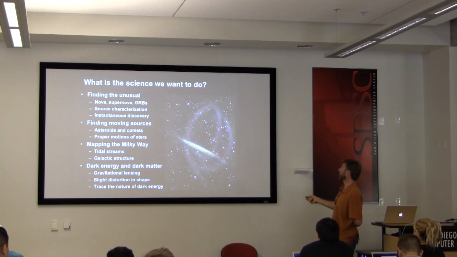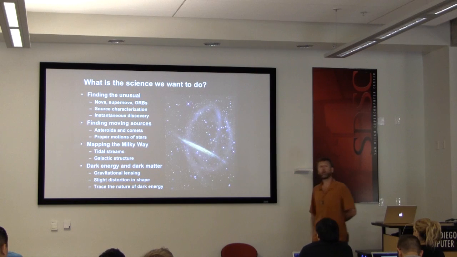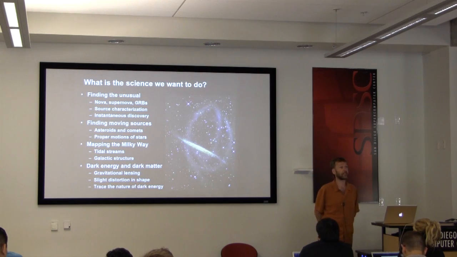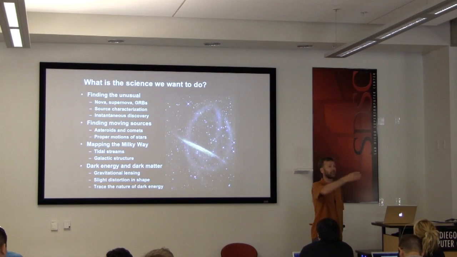We might want to map out the density distributions for stars to understand where these tidal streams are and what they're saying about the underlying dark matter halo for this galaxy and its merger history. Or we might want to undertake the standard cosmological applications such as weak lensing, gravitational distortion of galaxies, and to understand through some sort of weak lensing tomography the mass distribution as a function of redshift.